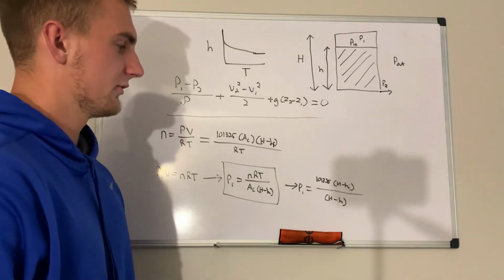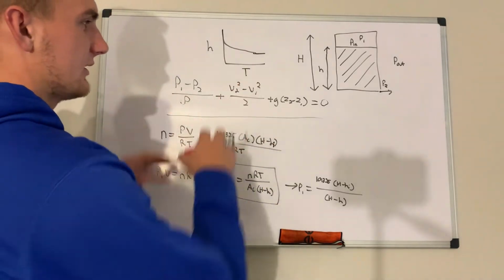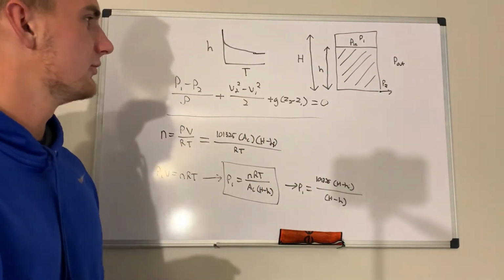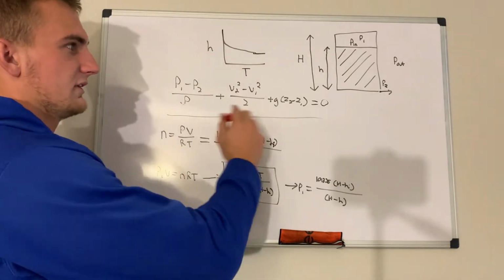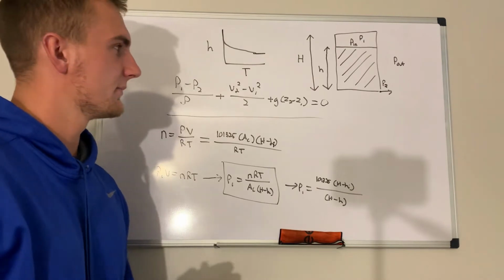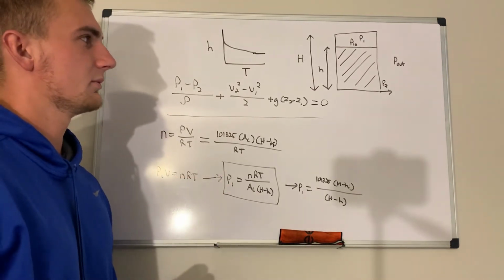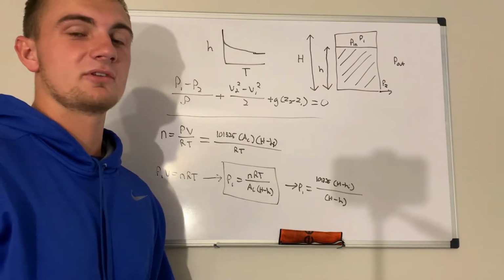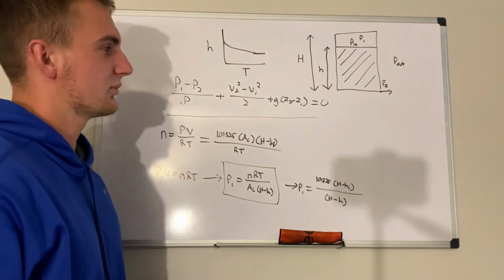Now we want to plug everything into Bernoulli's equation, and we're going to solve for V2, the velocity of the fluid going out of the container. Ultimately, like I said, we want a differential equation to see how the height changes with time.